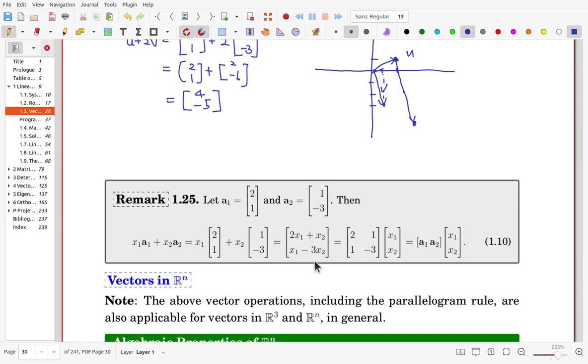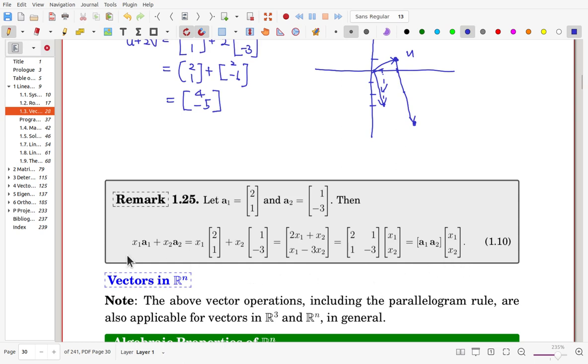Now, using the knowledge we learned from earlier sections, this can be written in this form. We have the columns 2, 1, and 1, minus 3, and x1, x2. The first column is a1, the second column is a2, so we can write in this way.